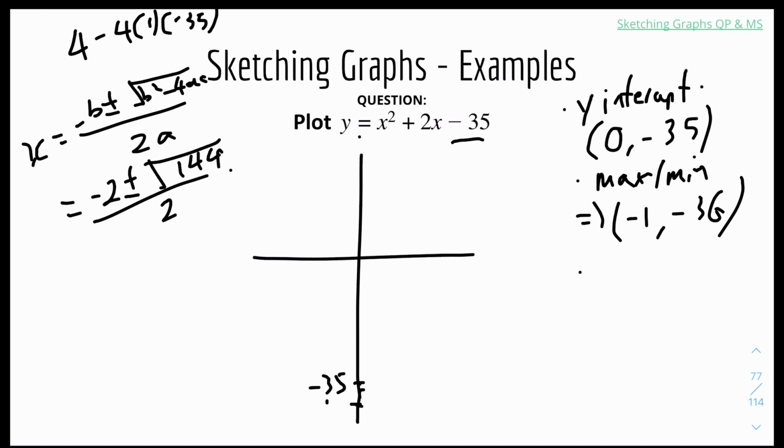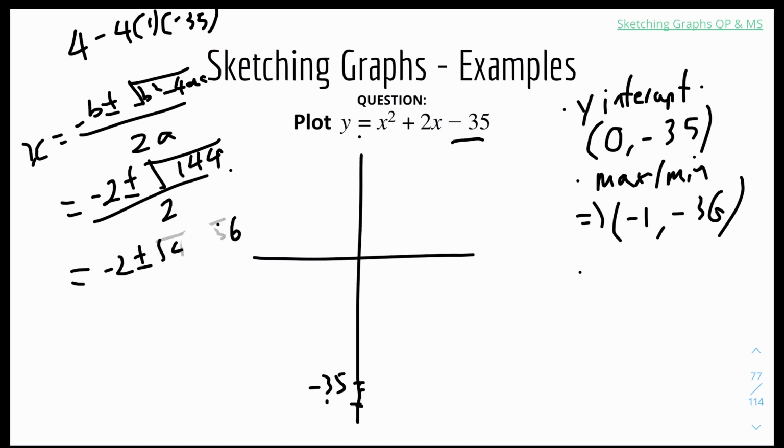So you could just simplify this to become minus 2 plus or minus the square root of 144 over 2, and we know that root 144 equals 12.